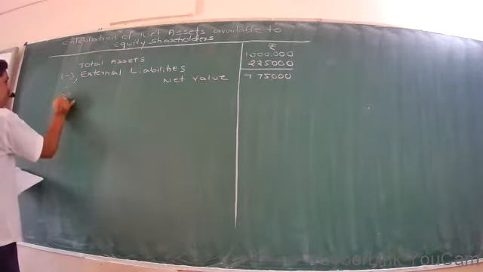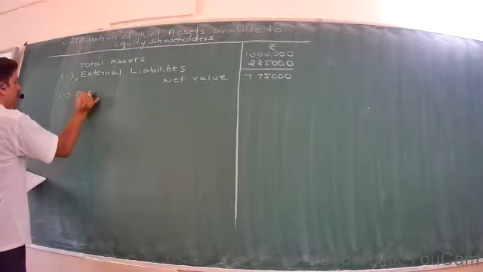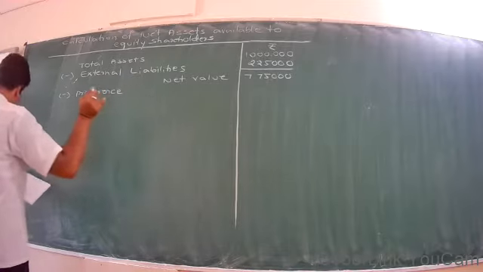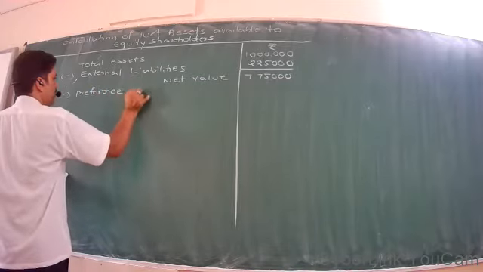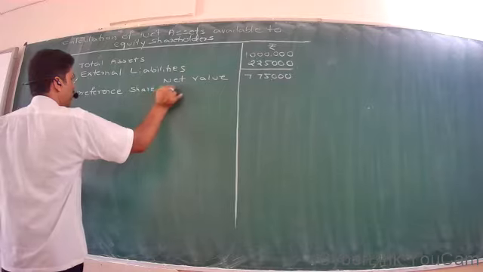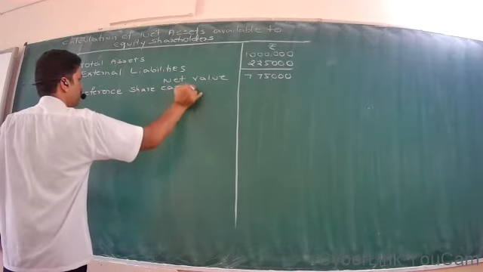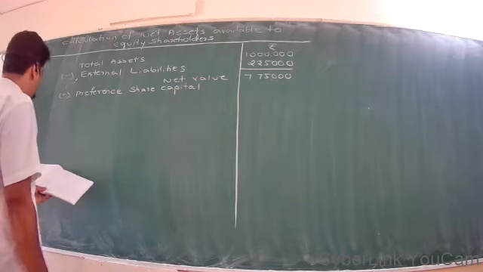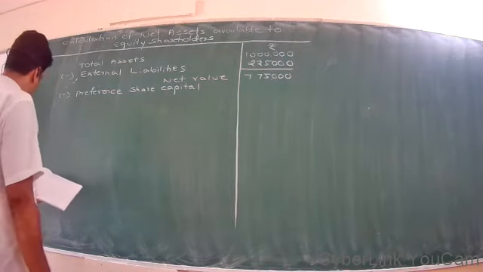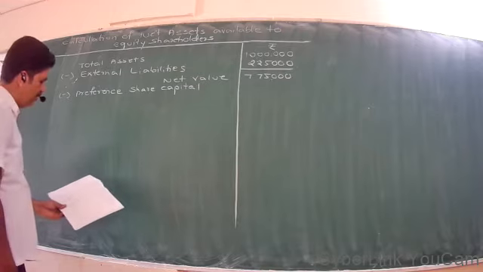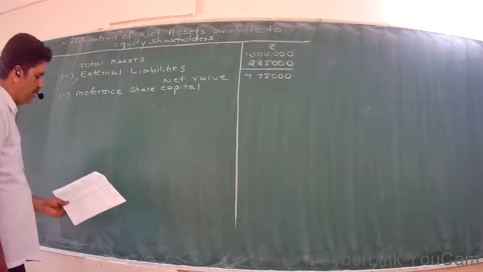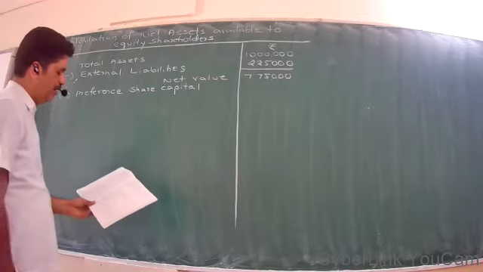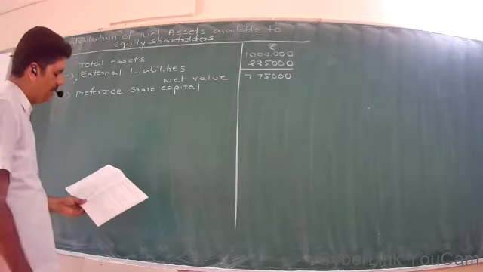Minus preference share capital. That you have to deduct. Here the total amount is given as 2,50,000, and each one is paid 100.